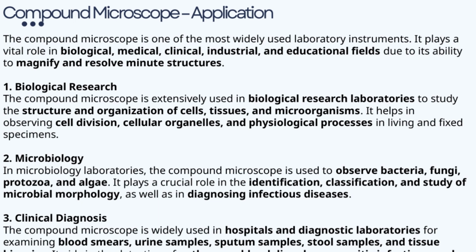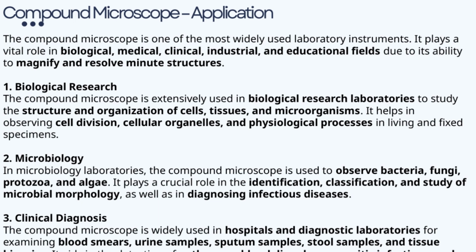When we think about biological research, this microscope allows us to examine the detailed structure and organization of cells, tissues, and microorganisms. It's essential for observing processes like cell division, identifying cellular organelles, and studying physiological activities in both living and preserved specimens.